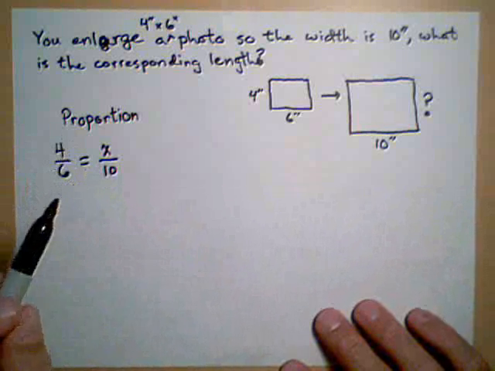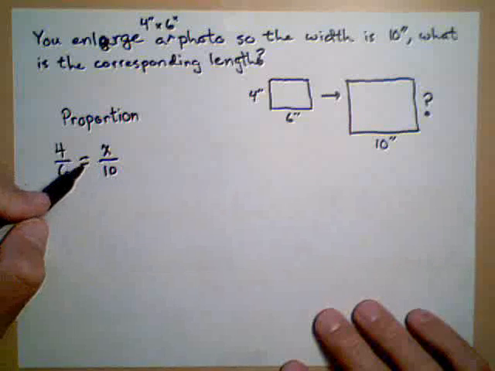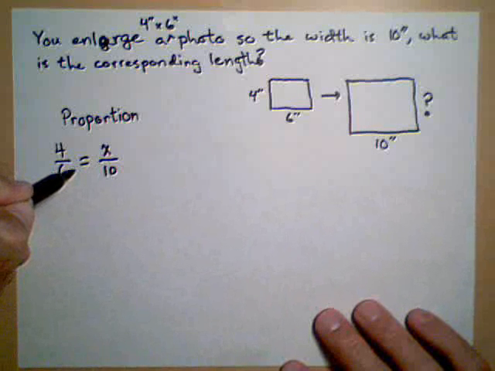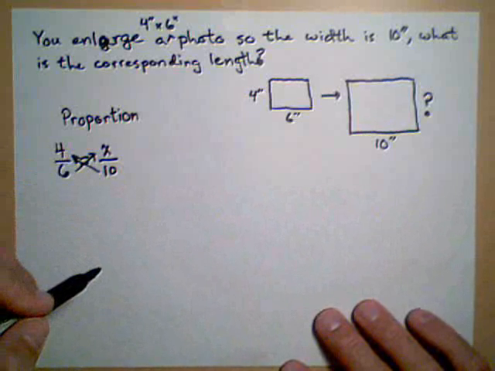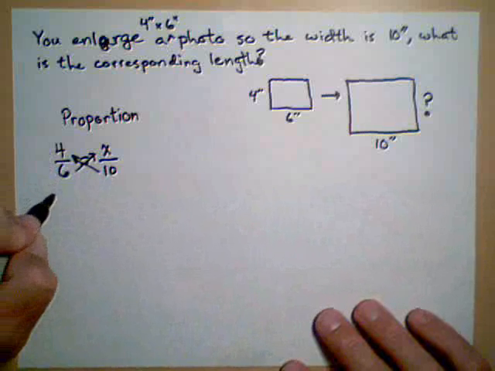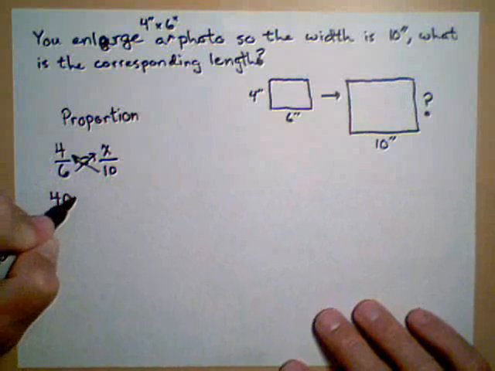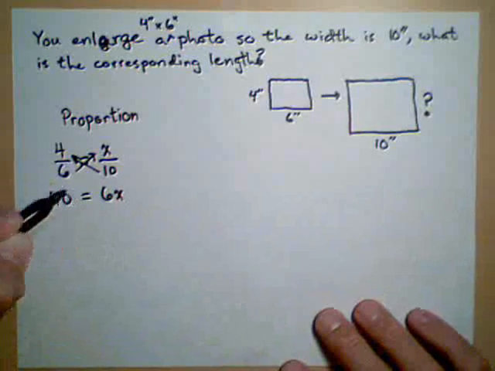Now once you have two fractions equal to each other, one quick way of solving is doing what's called cross-multiplying. That's multiplying across with the denominators. And I use arrows there to show where my multiplication is at. So 10 times 4 is 40. 6 times x is 6x.